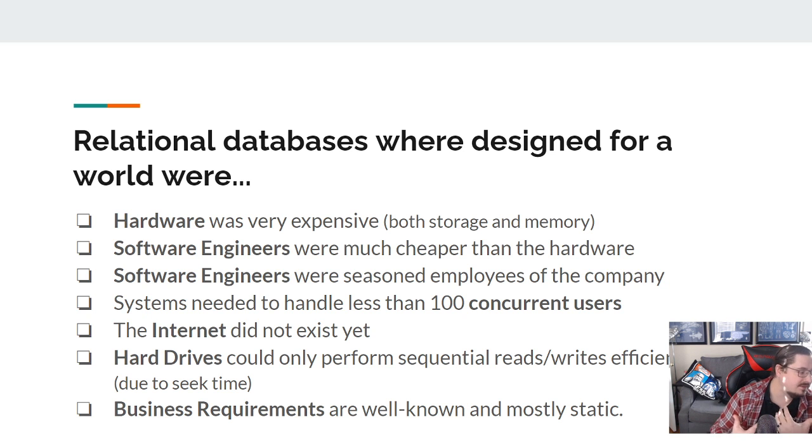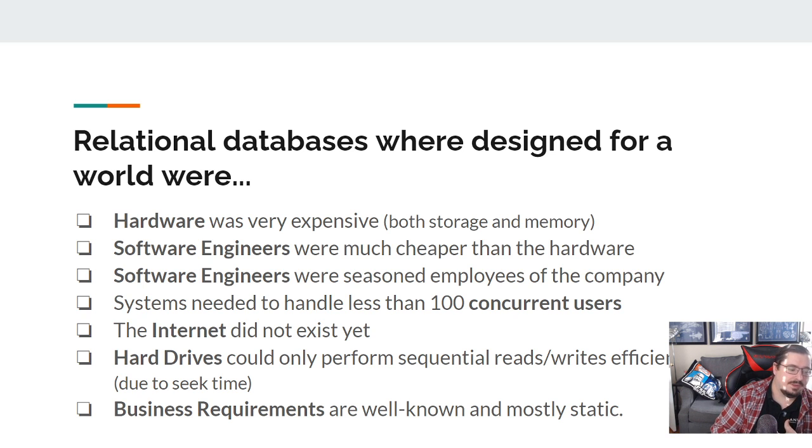We have the internet to contend with, and pretty much anything we have with the database is going to in some way interface with the internet because we're going to throw a website on top of it. Hard drives, you've seen those largely been replaced by solid state disks, and solid state disks aren't mechanical, so they don't have that seek time limitation of not being good at reading data that's not sequential.